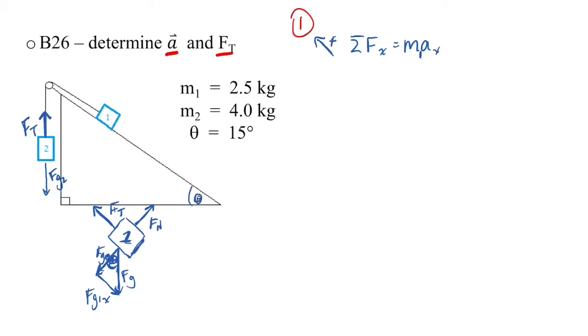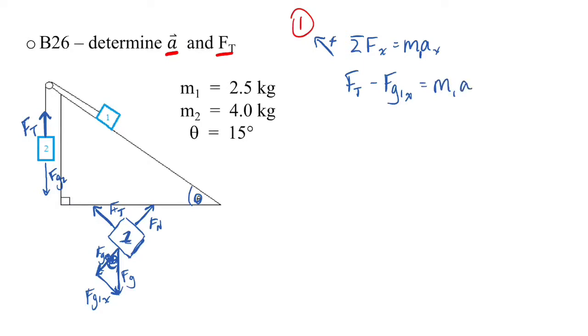Okay, so what are my forces in the x direction? Well, I have force of tension moving up the incline. But then, of course, I have another force. What is it going down the incline? That's the force of gravity for mass 1 in the x direction. Don't you just love force subscripts? It gets insane sometimes.